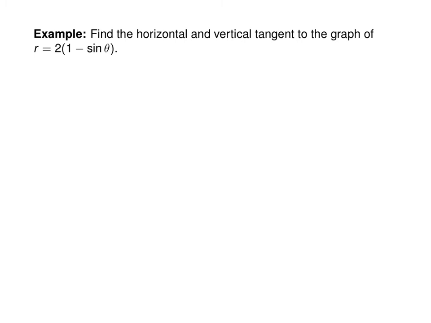So let's find the horizontal and vertical tangents to the graph 2 times the quantity 1 minus sine theta. So first let's distribute that 2, write it as 2 minus 2 sine of theta.